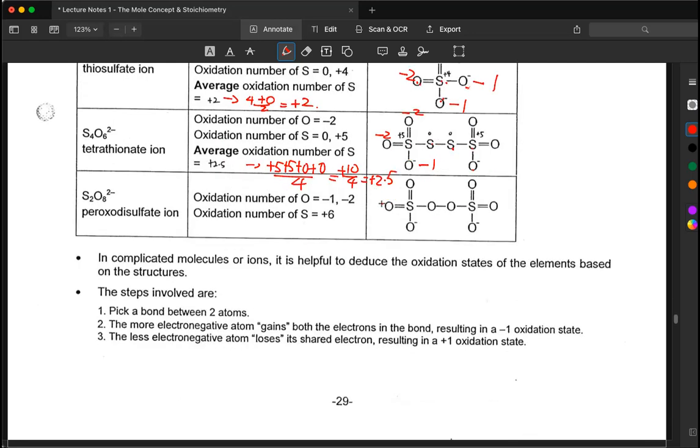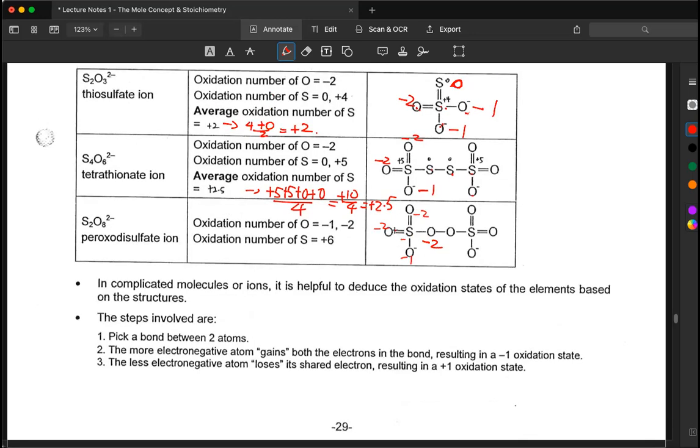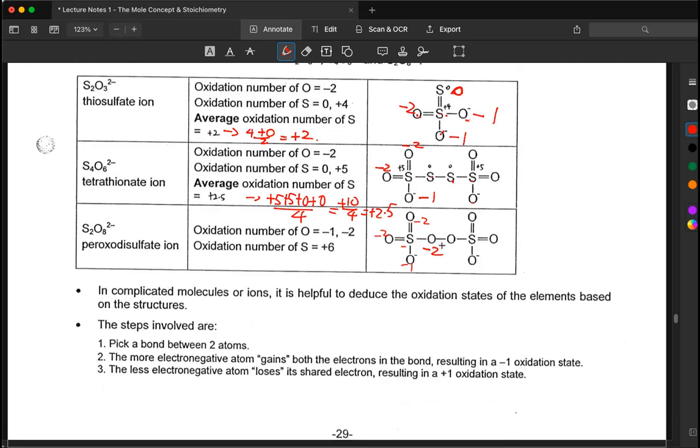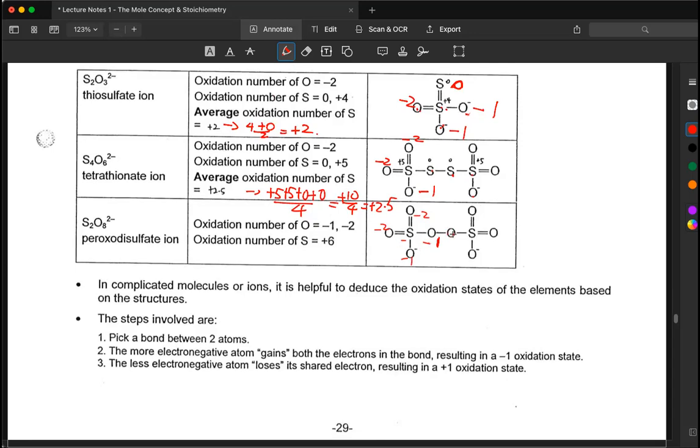Then we try this one. -2, -2, -1. So here will be +5. Sorry, I forgot that's here. So -2 here. Okay. So, but here -2. Okay. Here -1. Why? Because you have an oxygen here.